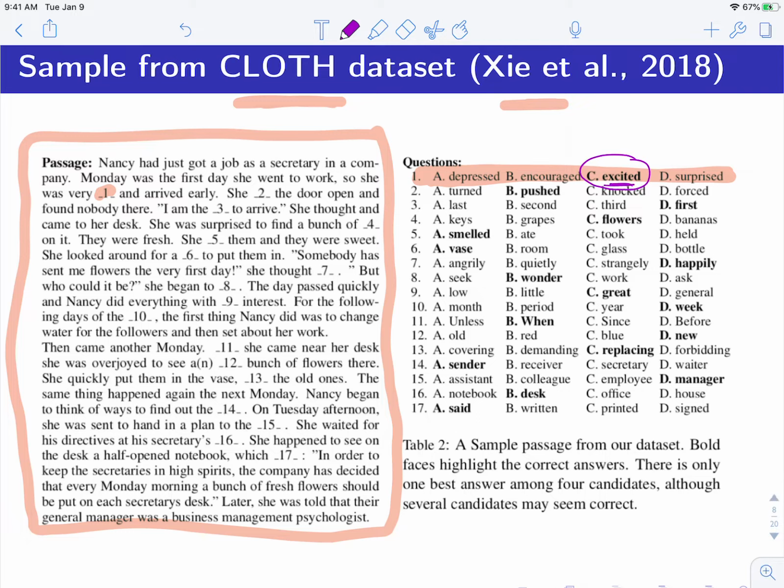And the answer is excited here. Okay, so Nancy had just got a job as a secretary in a company. Monday was the first day she went to work, so she was very, very what? That's the question. And arrived early. So the best answer is very excited. Okay, and you do this with all other examples and so on.